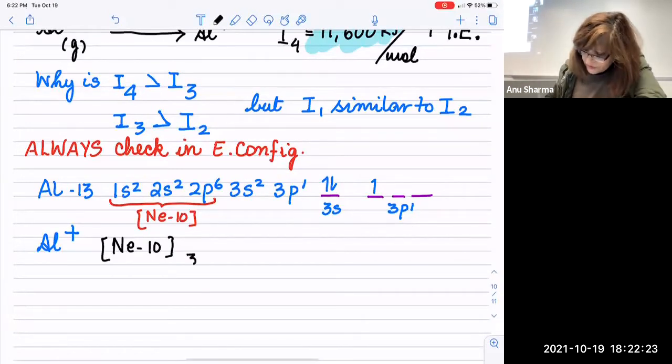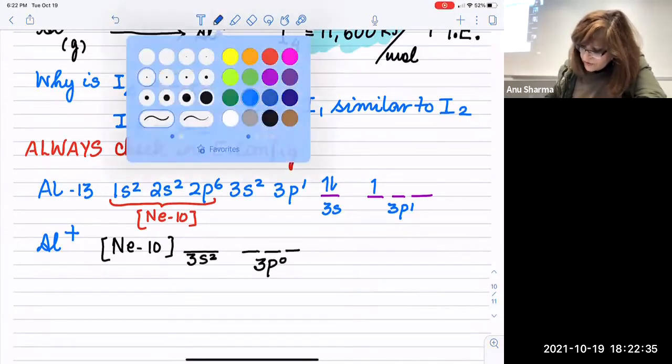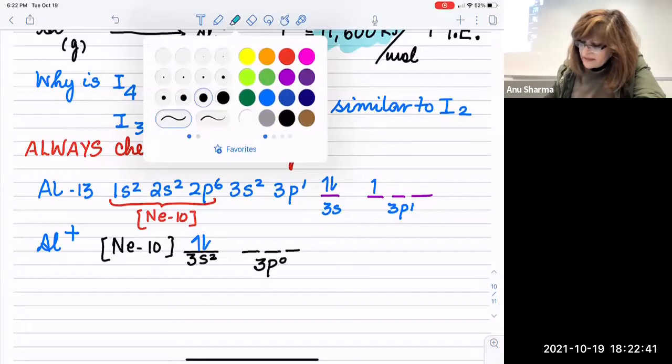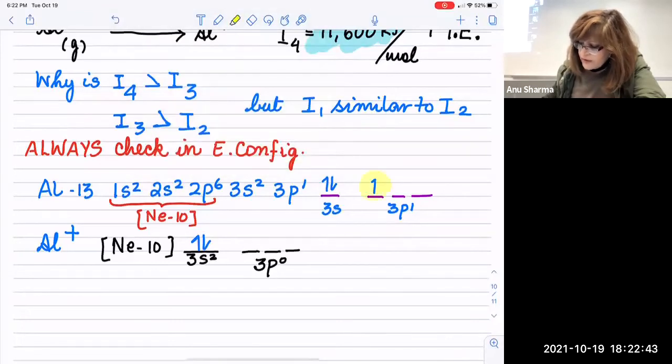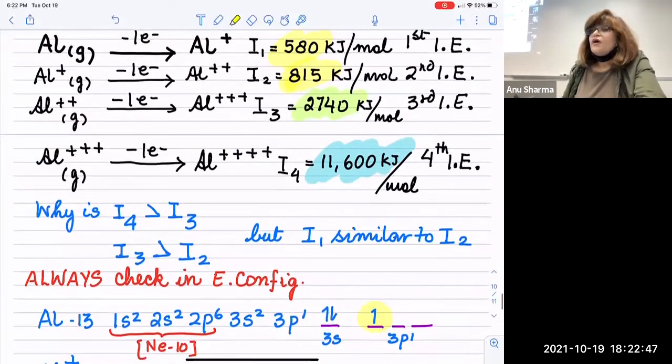So that is 3s2 and 3p. Now that one electron is gone, right? So this becomes 3p0, and this is the 3s2. You agree to that? So it first loses this one electron. It's easy to remove this one electron. So that's why the ionization energy is very low.